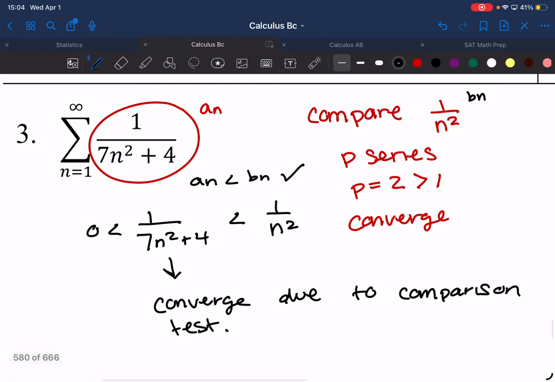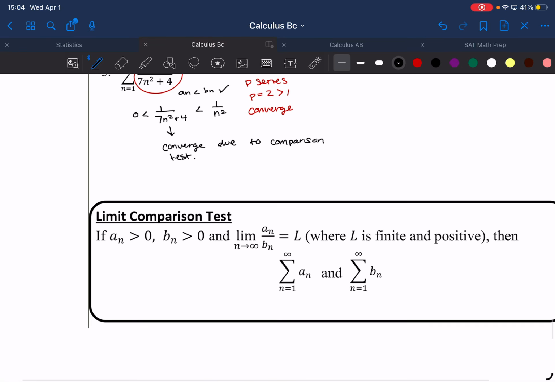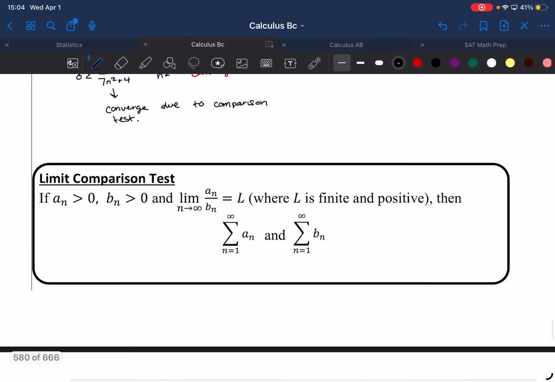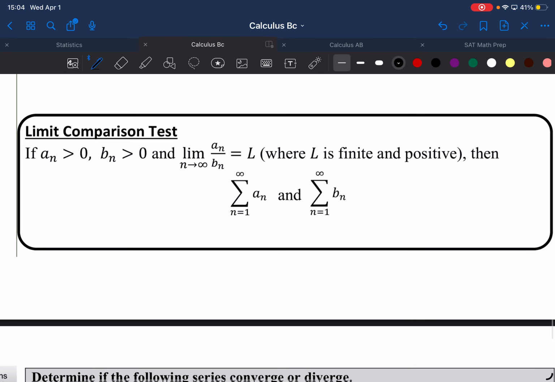The next comparison test that we're going to learn about is a lot easier because we do not care whether or not a sub n is less than b sub n. This is called the limit comparison test.